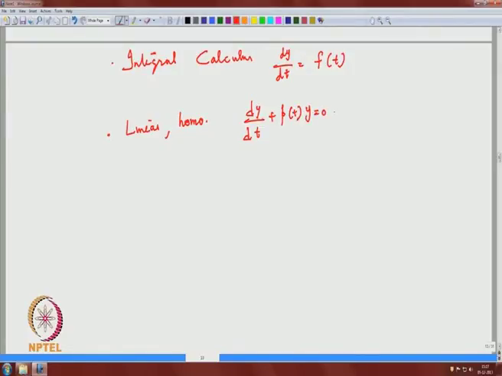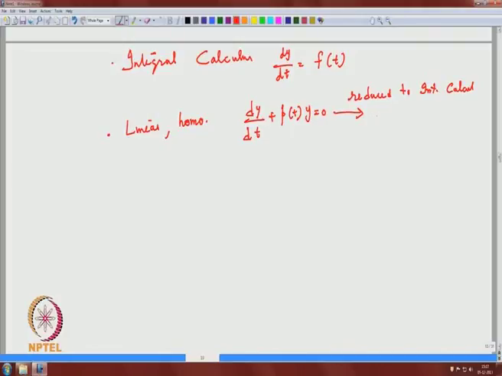So, this reduced to an integral calculus problem. That is what you have essentially done. If you do this one, log mod y, dy by dt by y, it does not matter. So, you have solved it.